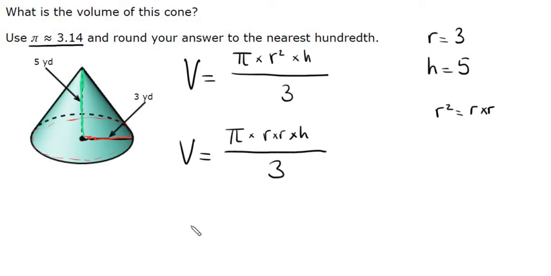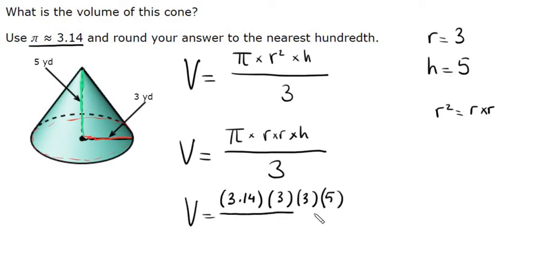So that's pi is 3.14, times r is 3, times 3 again, and then height is 5, divided by 3. All these are combined by multiplication.